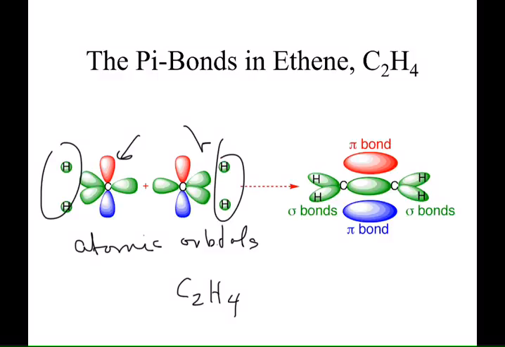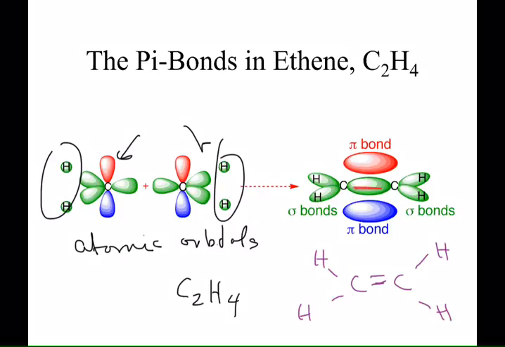Shown here is the double bond between the carbons and single bonds for the terminal hydrogens. I'll use red. This is your sigma, sigma, sigma, sigma, sigma. And shown in a region above and below this sigma bond are where your pi electrons are.